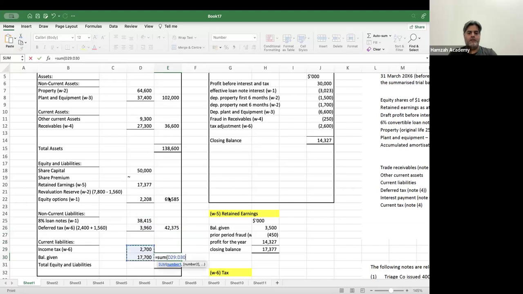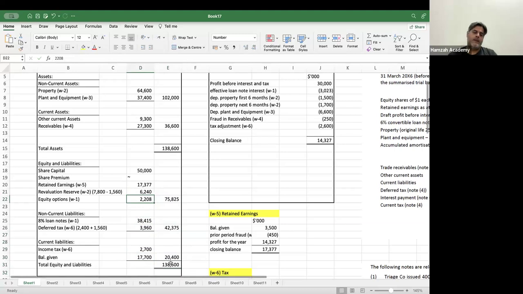And then we have this balance. Okay, Houston, we have a situation. This is not matching. What have we missed over here? Ah, the revaluation reserve. We forgot to put in the revaluation reserve, 7,800 and 1,560. 138,600 is equal to 138,600 over here, right? So this is what we have over here.